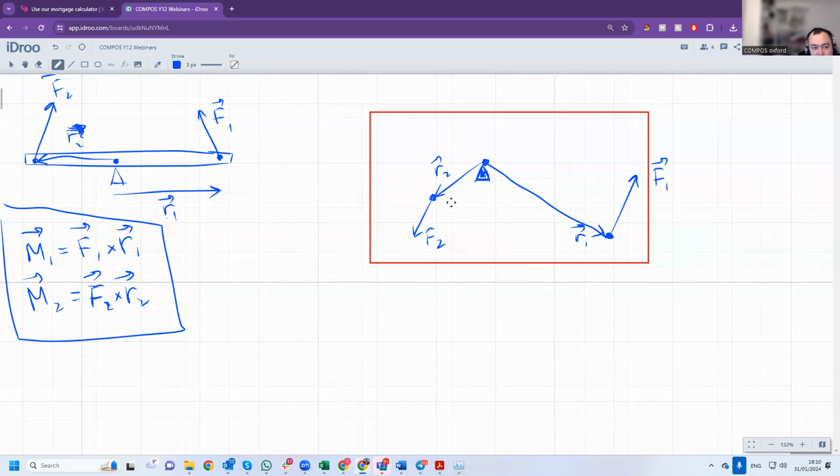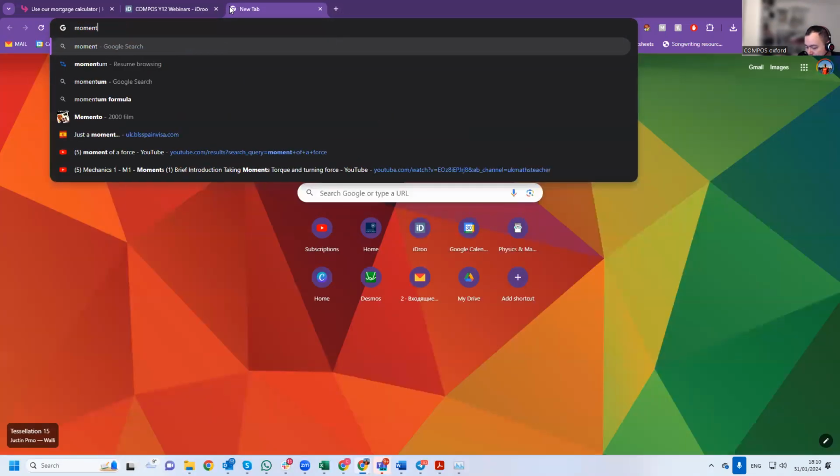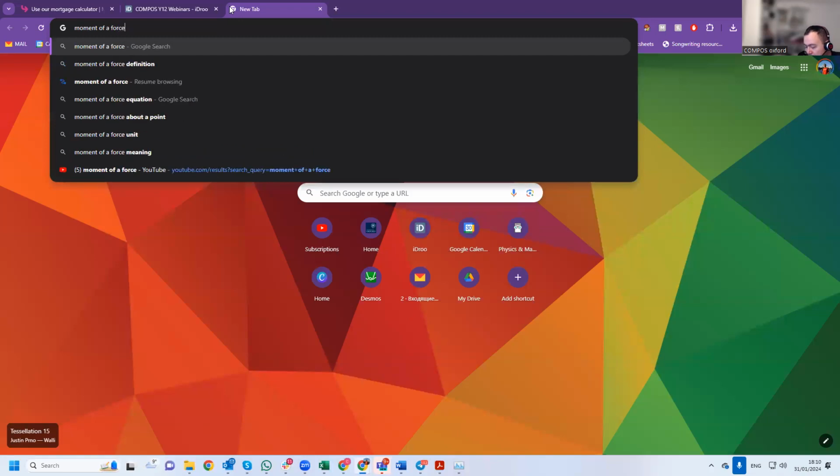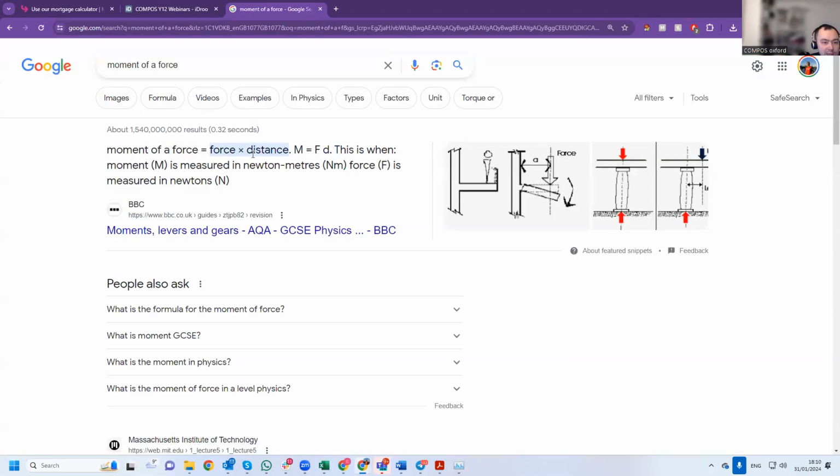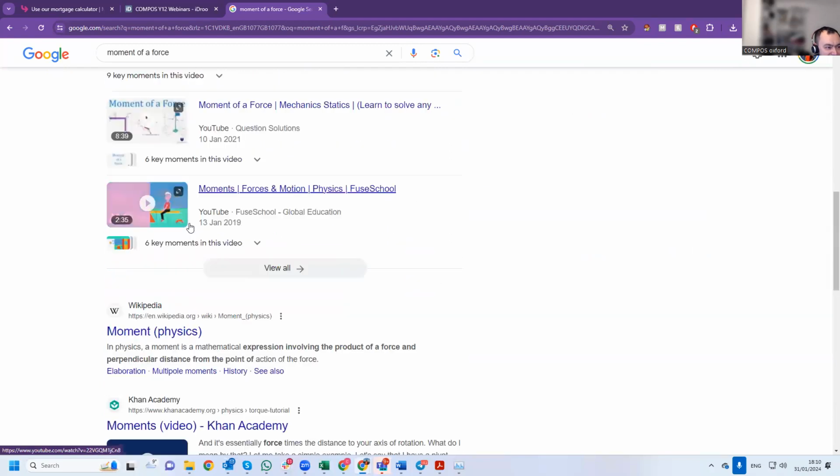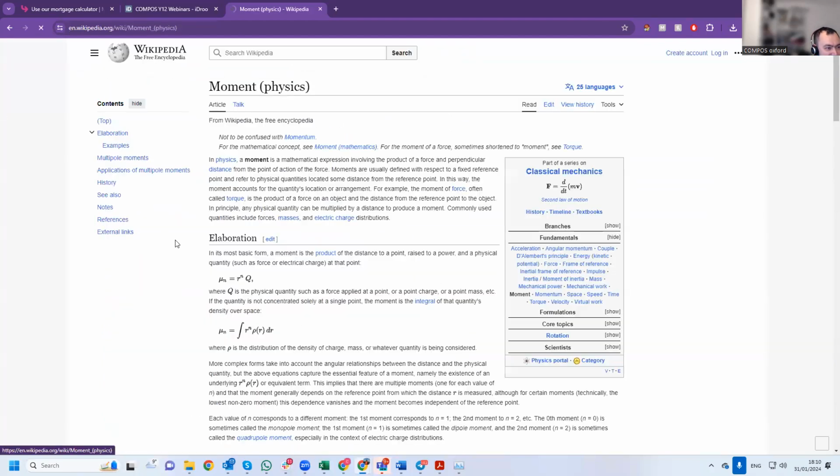The moment is just the multiplication of the two vectors. So you don't have to worry about whether it's clockwise or anti-clockwise. You just say the total moment M1 is F1 R1. Actually, you know what? Force times distance. Yes, it's not distance times force. Okay, that's a very bad example. Moment of a force.